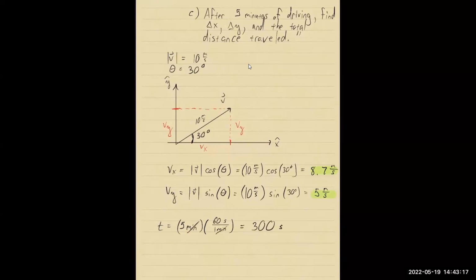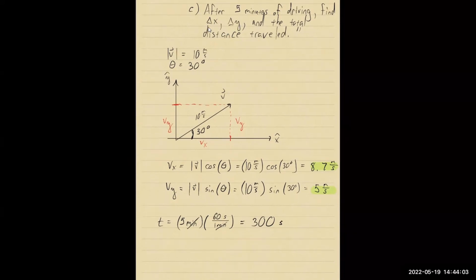Okay. So now we can begin to solve for our displacement in the x direction, the y direction, and the total distance traveled. The way that we're going to solve for delta x and delta y is by using the definitions that we have just written down.